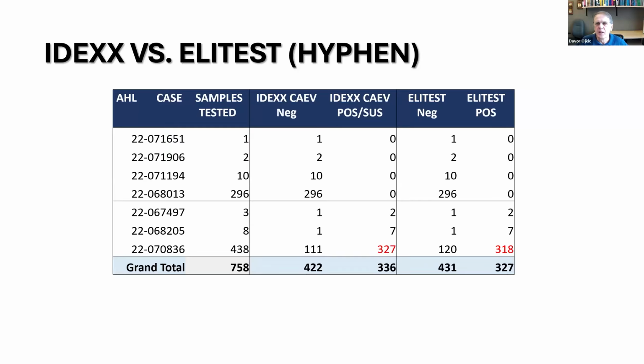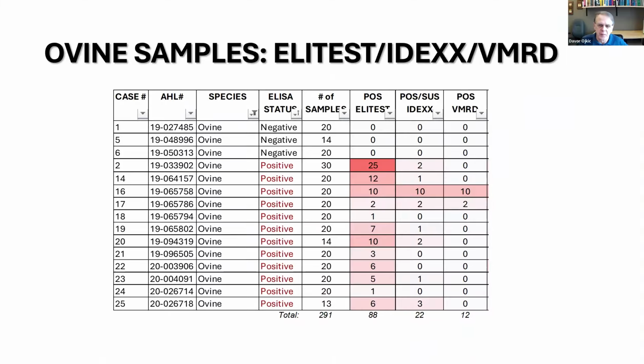And people did ask me, so why didn't we go with VMRD? Well, one of the reasons is that some 5 years ago, I was involved with a study where we tested a whole bunch of samples from sheep and goats from herds that were more or less defined as positive or negative or had history. And for sheep samples, we found that VMRD sensitivity was really not even close to satisfactory for what we wanted to do.